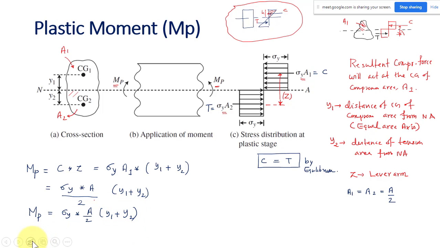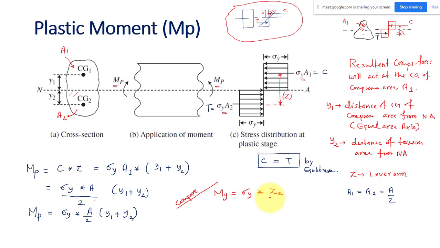So let us compare this plastic moment equation with the elastic moment. The elastic moment, or yield moment, is equal to the yield stress into the elastic section modulus.